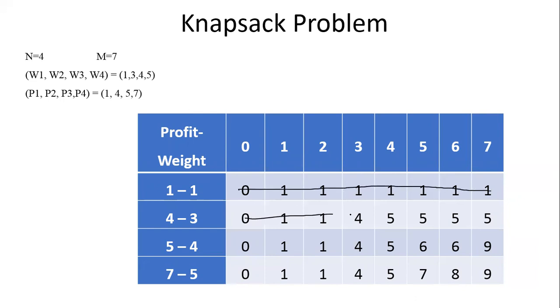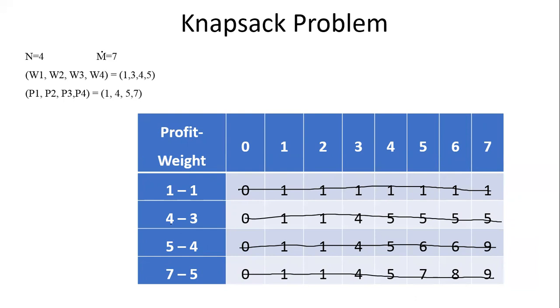All these values we need to calculate and fill. Here profits and weights. So this is the profit for first item. This is the profit for second item. Profit for third item. Profit for fourth item. Same way, the corresponding weights you need to write here.